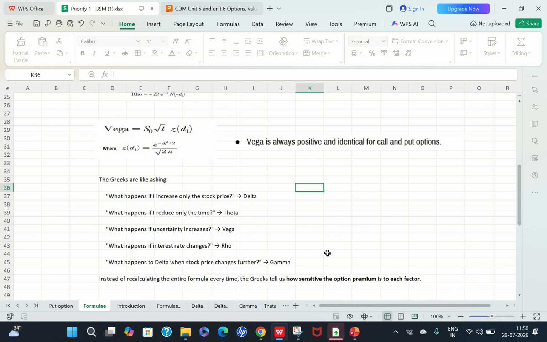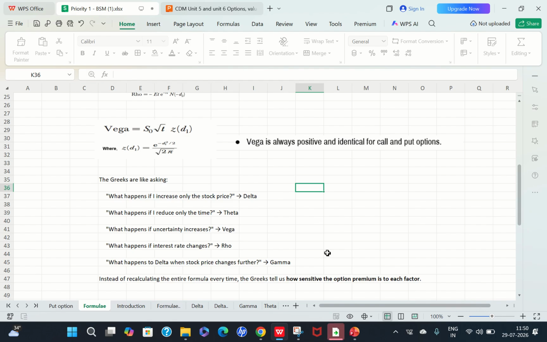In short, what happens if the stock price is increased is quantified by delta. Theta is what happens if I reduce only the time, whenever there is a time decay. What happens if uncertainty happens? That is quantified by Vega. What if the interest rate changes? That is rho. What happened to delta when the stock price changes further?